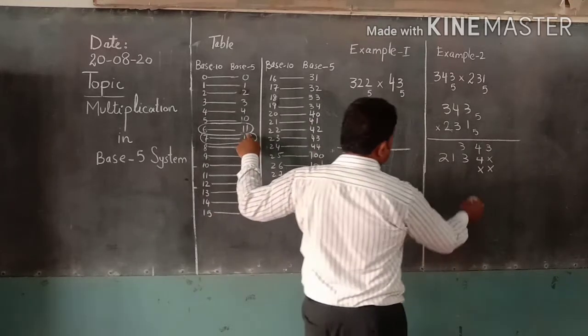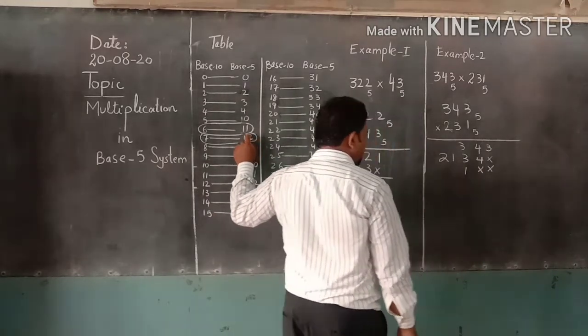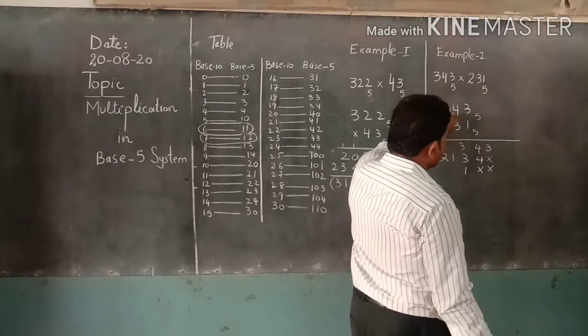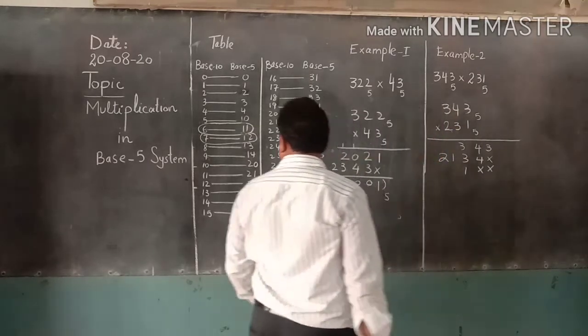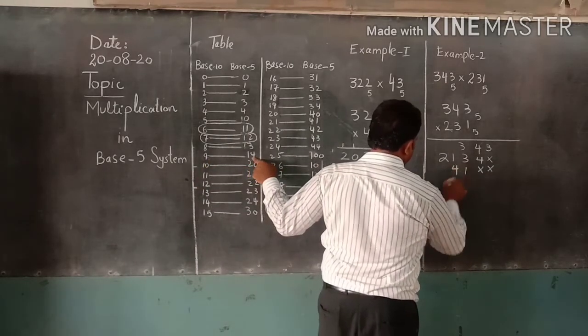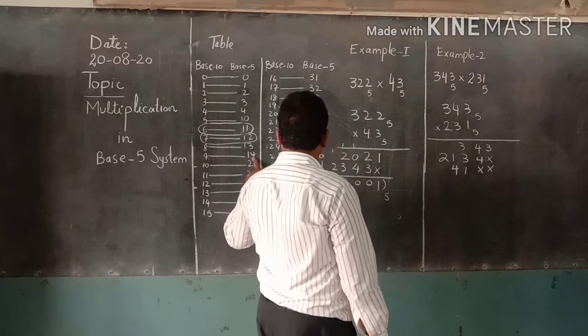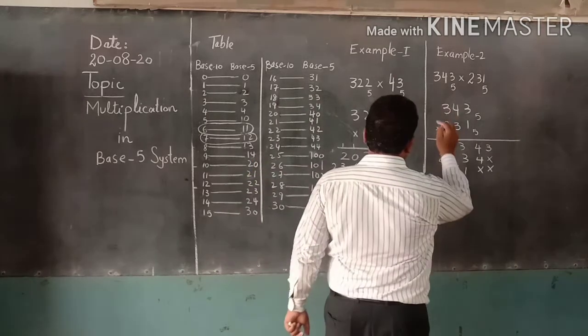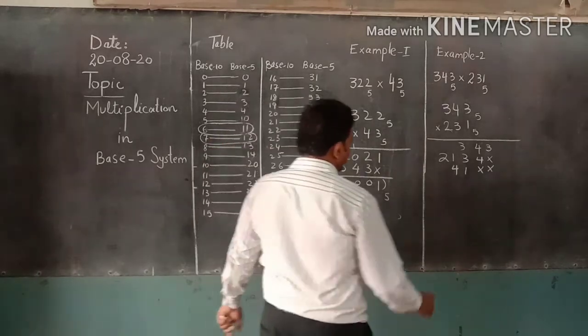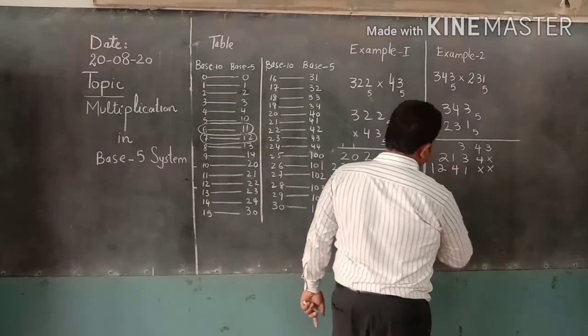We write 1 here and take 1 as a carry. 2 multiplied by 4, 2 times 4 is 8, 8 and 1 is 9, and 9 is equal to 14. We write 4 here and take 1 as a carry. 2 times 3 is 6, 6 and 1 is 7, and 7 is equal to 12. We write 12 here.